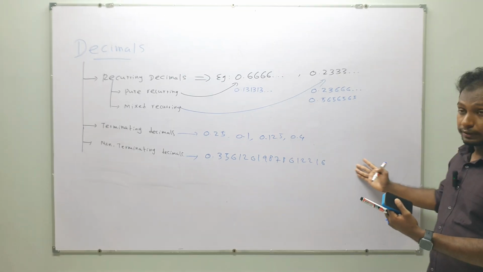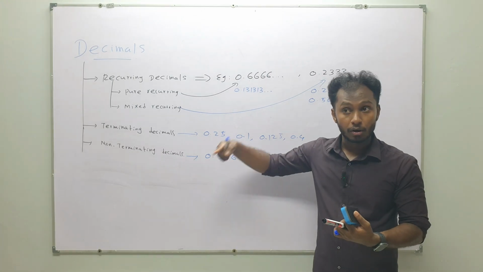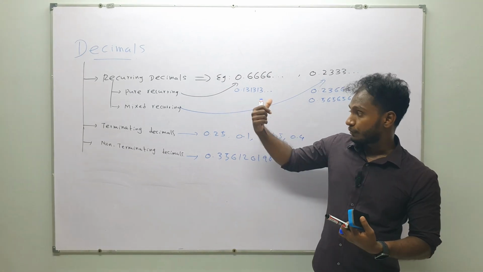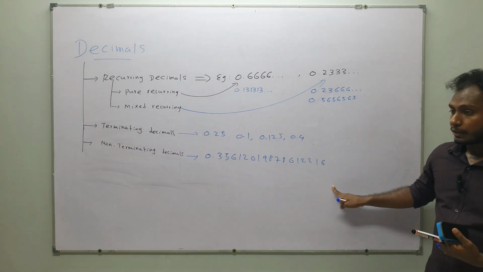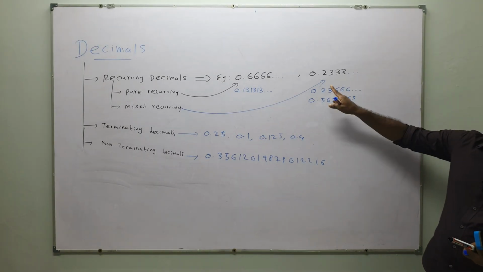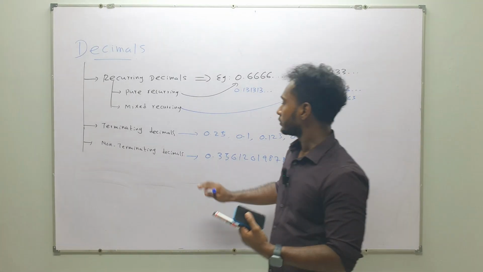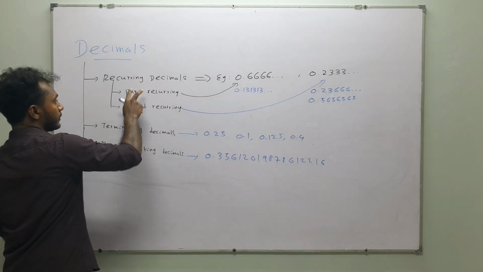It goes to infinity, it never stops. These kinds of numbers are actually the irrational numbers we talked about in the first lesson. Please refer to that one also. So we have the terminating, non-terminating, and the recurring, and the recurring has two types, the pure and the mixed. That's all.